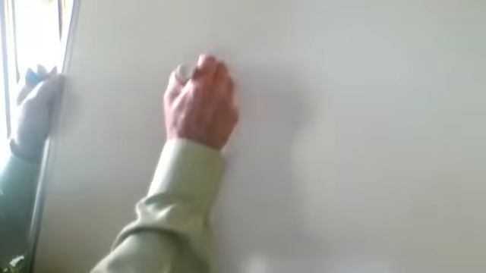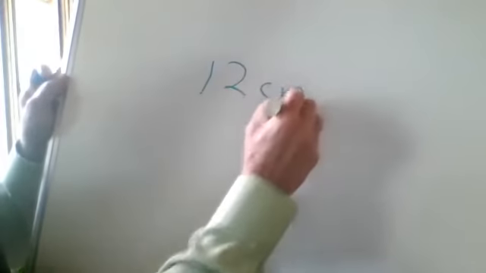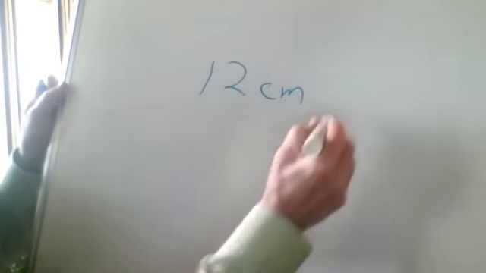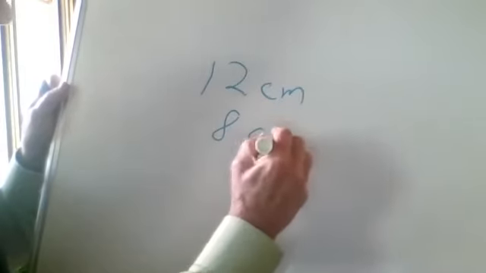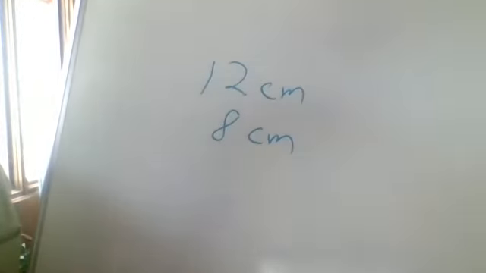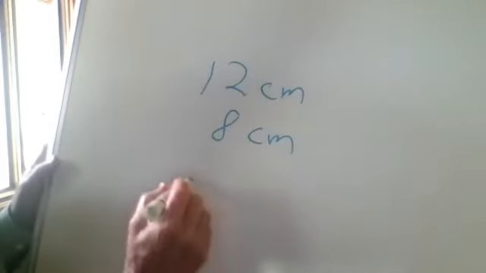All right, the next question tells you that the base of a right rectangular prism is 12 centimeters by 8 centimeters, and the height is 5 centimeters.